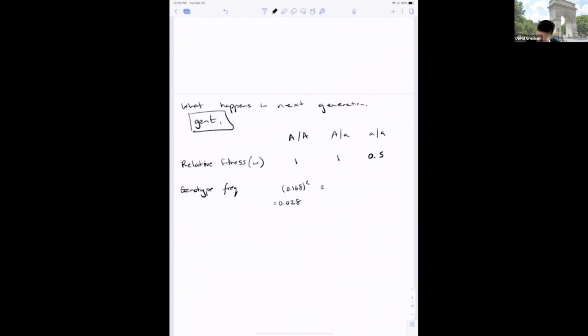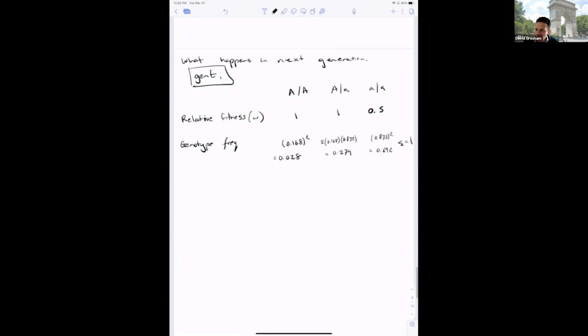This is going to be 2 times 0.168 multiplied by 0.832, which equals 0.279. And this is going to be 0.832 squared, which is going to be 0.692. And those are going to sum to 1, as we expect for Hardy-Weinberg equilibrium.